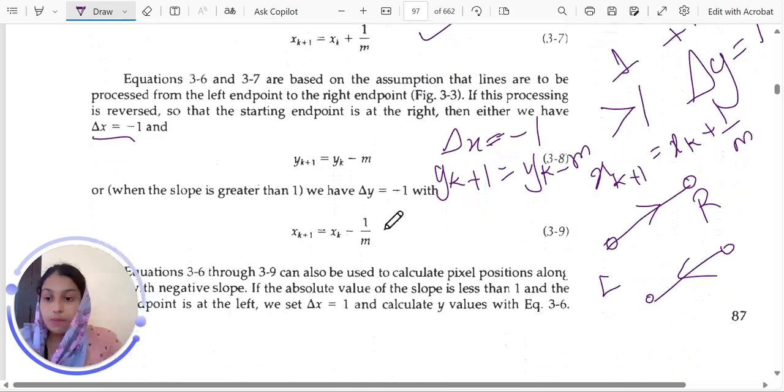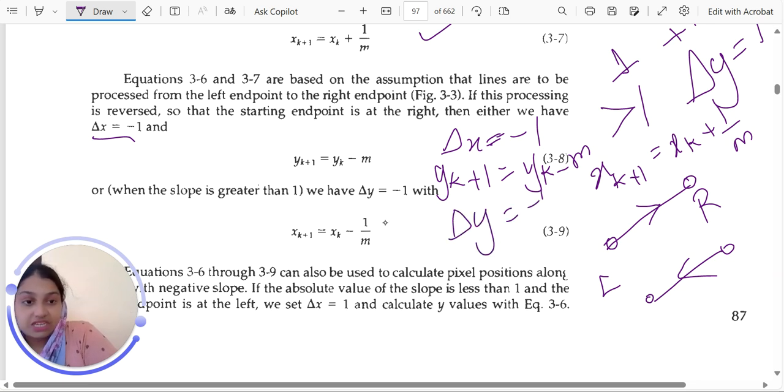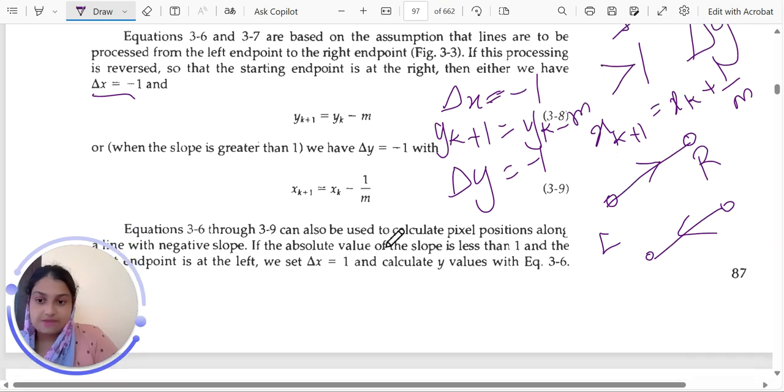When the slope is greater than 1, we will have delta y equal to minus 1. Again a negative value came, and the sign changes. That is, it becomes xk plus 1 equal to xk minus 1 by m. Only the sign changes.